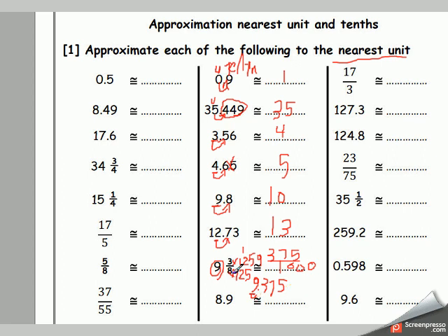What about the second step? The second step, now I will see whether this fraction's numerator equals half the denominator, or is less than half of the denominator, or greater than half of the denominator.